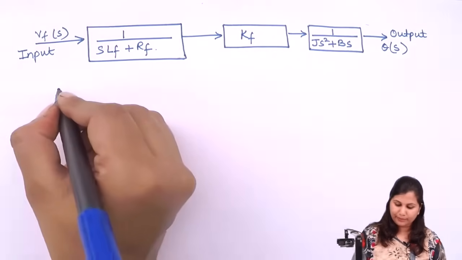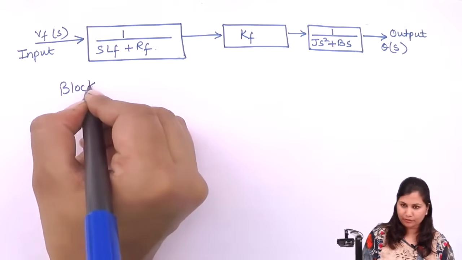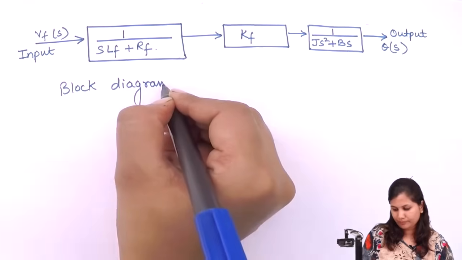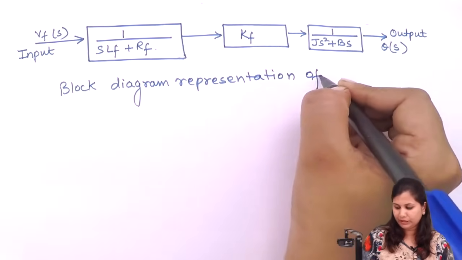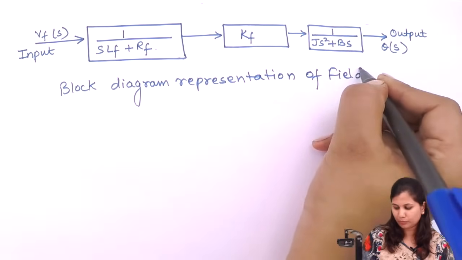Okay, so this is the block diagram representation of the field controlled DC servo motor.